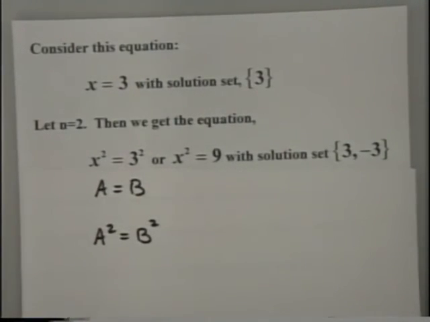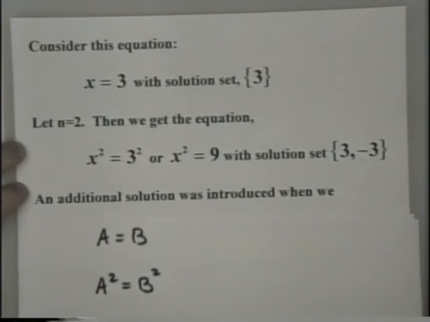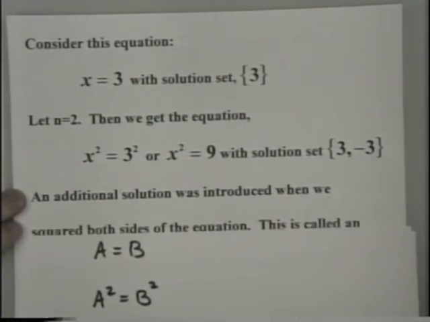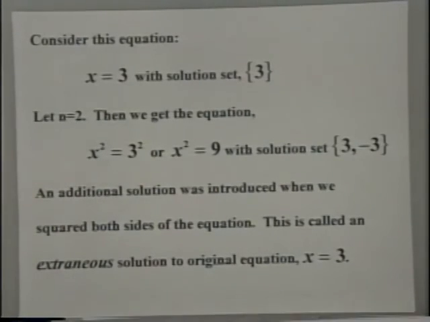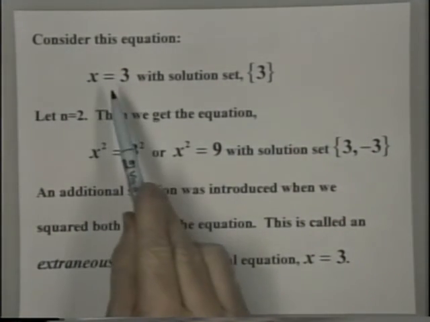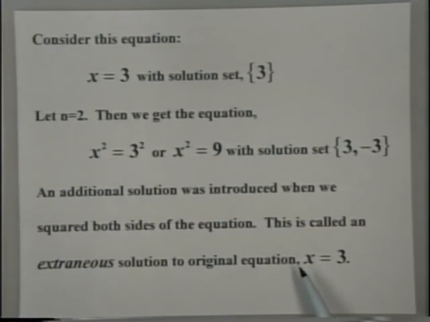So squaring both sides of an equation produces an additional solution. We've introduced an additional solution that is not in the solution set of the original equation, and we call that an extraneous solution. We pick up an extra solution that's not a solution to the original one.